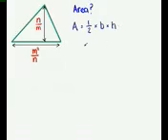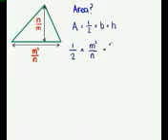So substituting in our values for base and height, the area of a triangle is a half times the base, which is m squared over n, multiplied by the height, which is n over m.